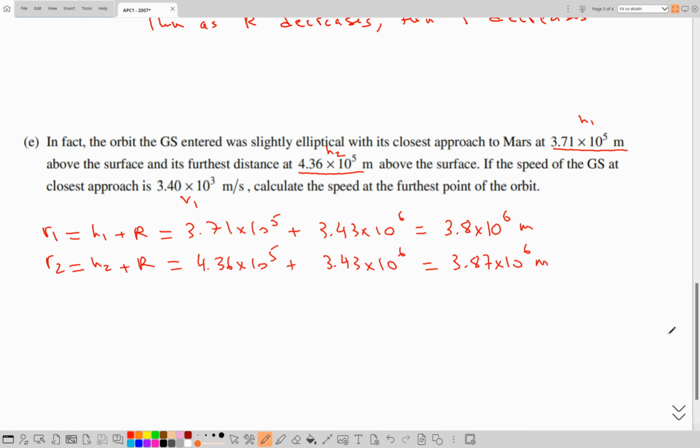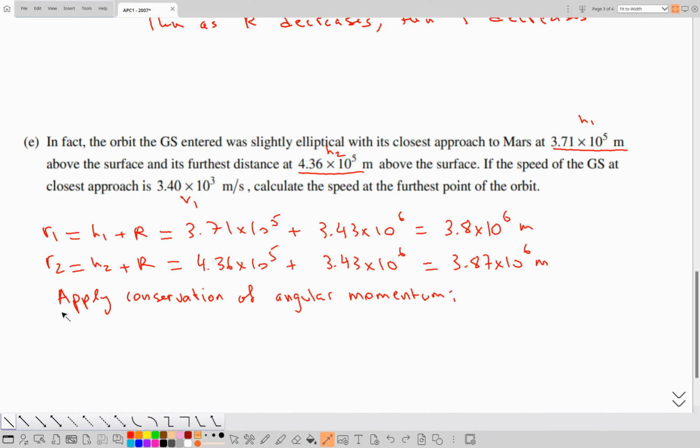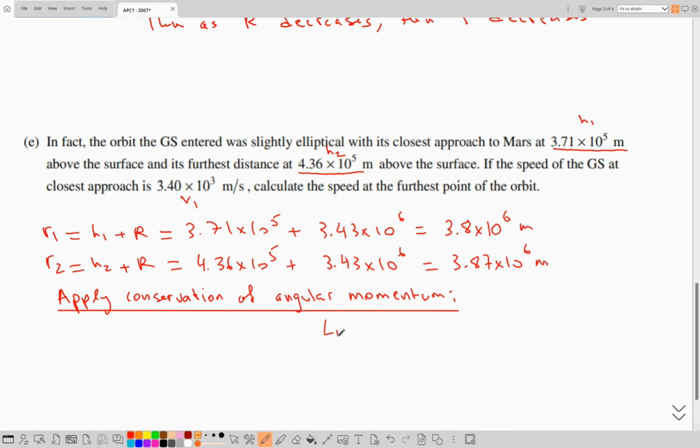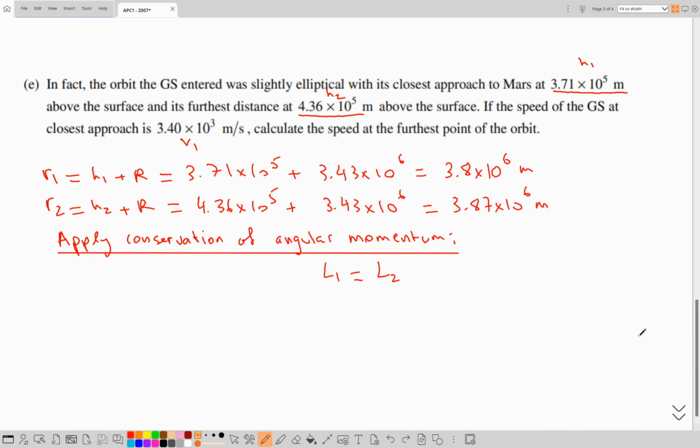And now we can apply the conservation of angular momentum. We know that the angular momentum for a body orbiting a central mass is always conserved, so the angular momentum 1 is equal to angular momentum 2. Although there is a force acting on GS, it produces no torque.